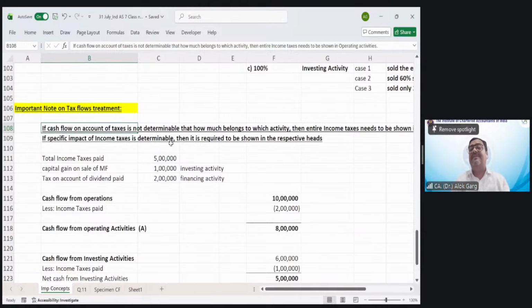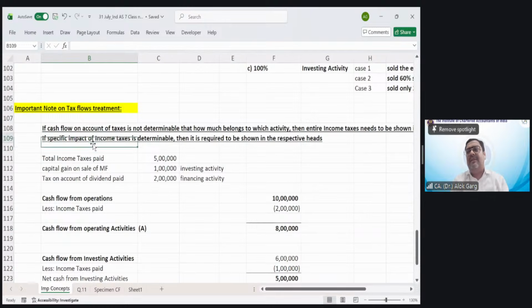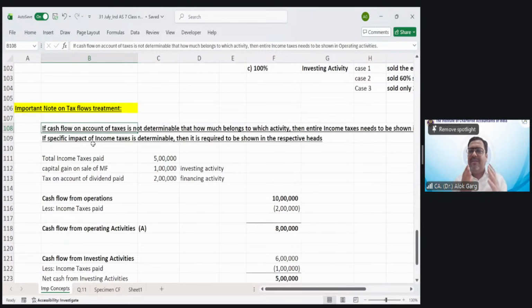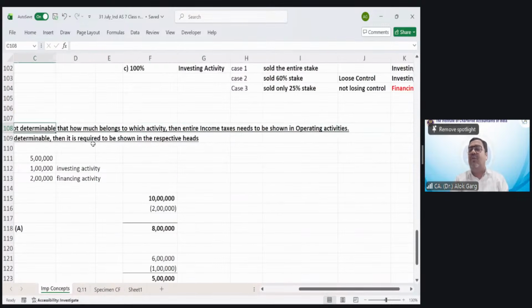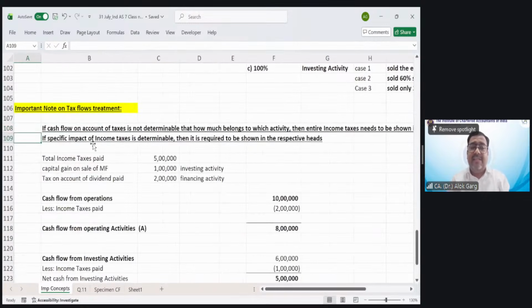Okay, friends. But what happens if you are not able to determine which activity this tax belongs to? Then the standard says that the entire income tax has to be shown in the operating activity. If a specific impact of income tax is determinable, then it is required to be shown in the respective heads.